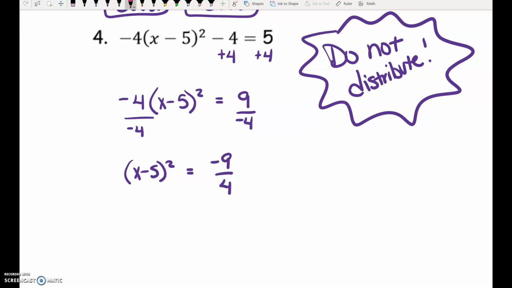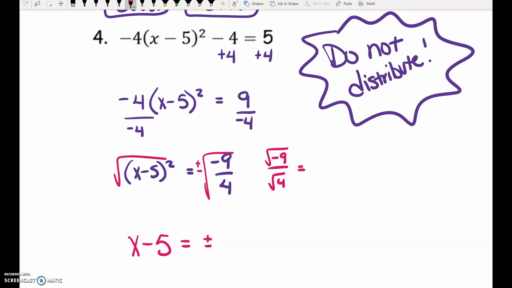We need to square root both sides. All right, so this is the square root of negative 9 over the square root of 4. The square root of positive 9 is 3, and there's a negative under there, so there's an i. What's the square root of 4? 2. So plus minus 3i over 2.